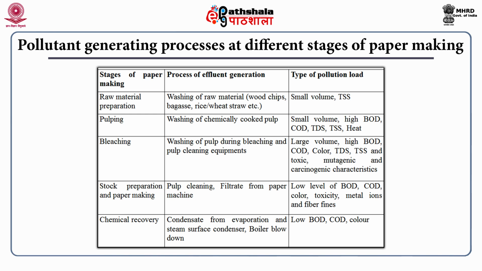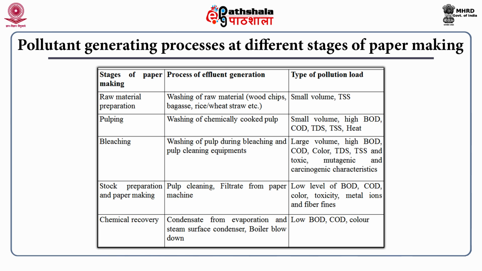pollution load. During pulping, washing of chemically cooked pulp is carried out, and from this small volumes of wastewater are generated, but whatever wastewater is generated has high BOD, high COD, high total dissolved solids, and high total suspended solids. Along with that, heat is also generated in this process.